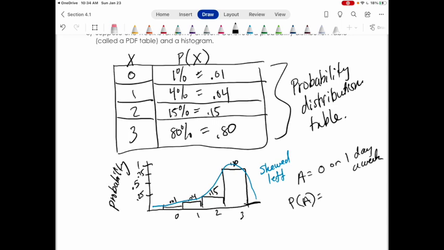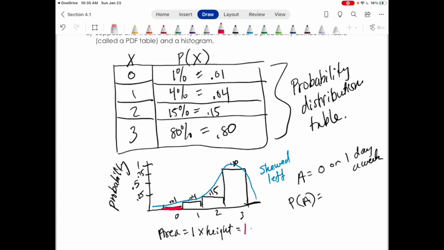So if I want to find the probability of event A happening, since the width of each of these bars is 1, the area is going to be equal to the width, which is 1, times the height. And the height of the bar is the probability. So if I wanted to find the probability of event A happening, I would come over here and look at this bar.